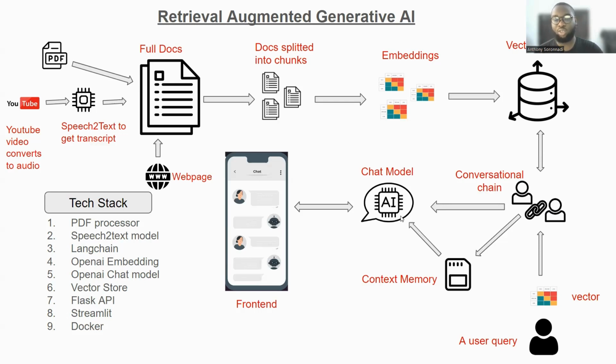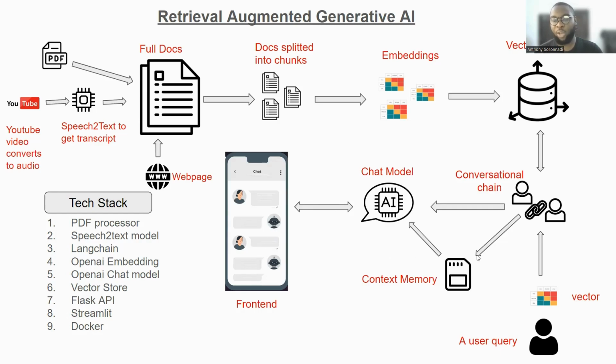The LLM is going to use that information to respond to the user on the front end. If I say, what is the name of this person in this book? It's going to pull out that information from the database, give it to the LLM, and the LLM is going to use it to respond to the user in the front end.